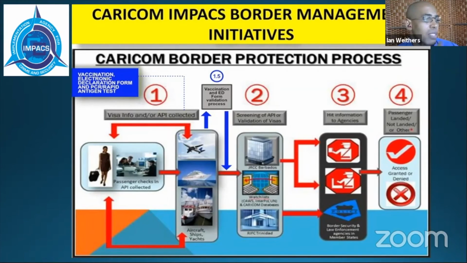Obviously we are still in COVID times, and this would be one of those things. The rest of the process in red is pretty clearly defined, and now we have to put in this little bit, 1.5. Where are we with that at the moment? Are you in some discussion that you can give us an idea where we are?